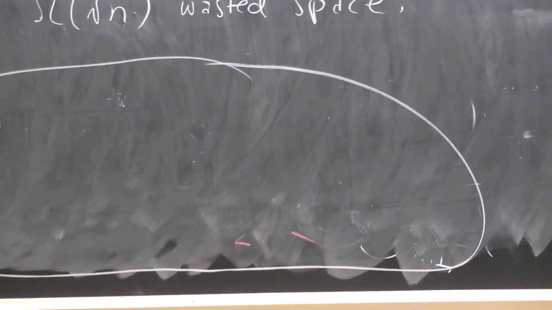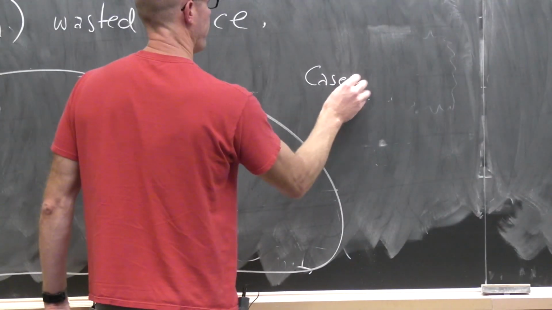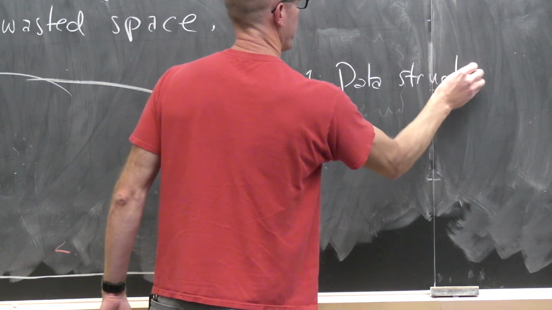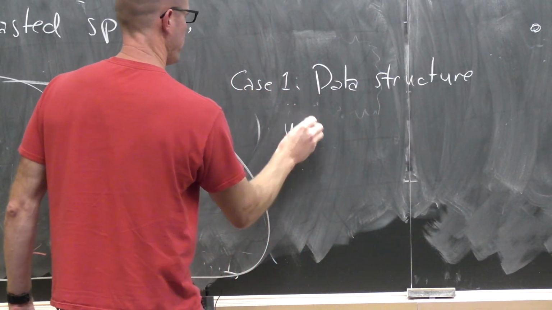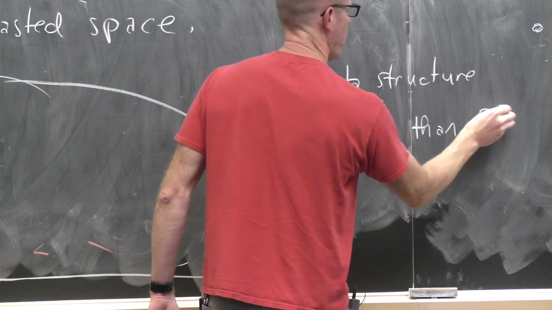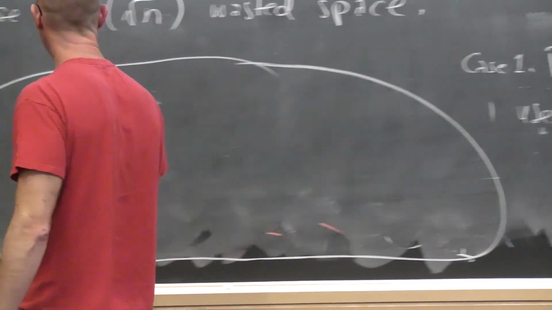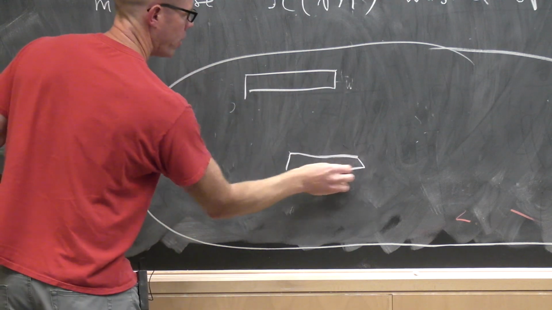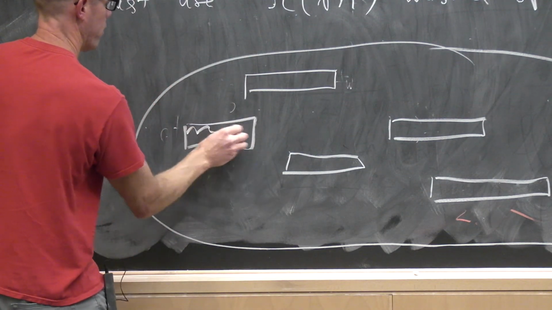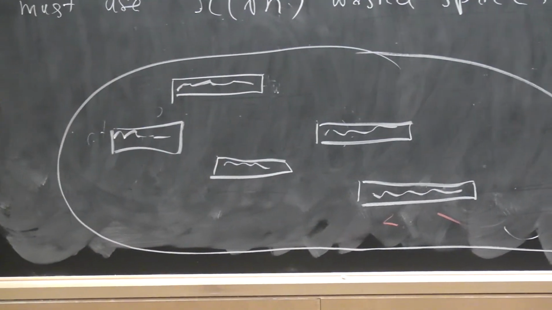In the first case, so case 1, the data structure uses more than square root n arrays. So in this case, the data that you put into it is spread out a bunch amongst a whole bunch of arrays. More than square root n of them.